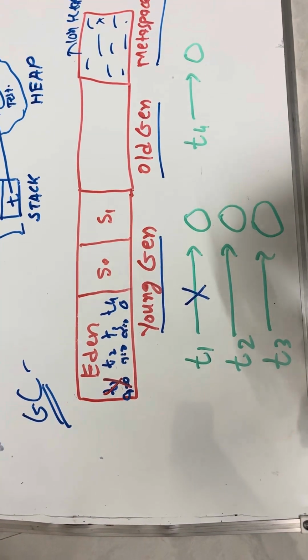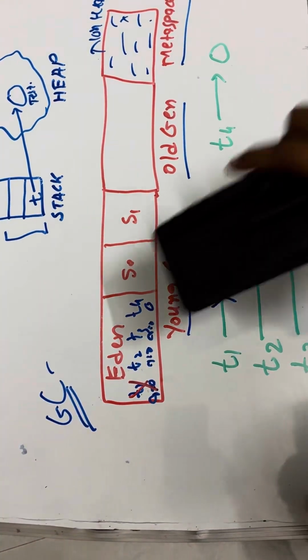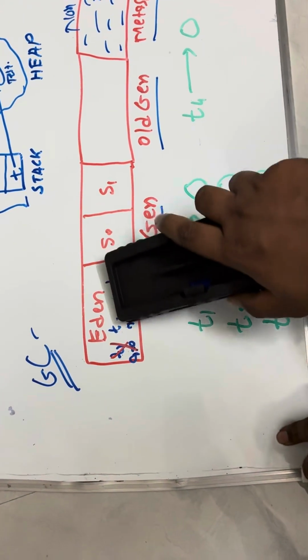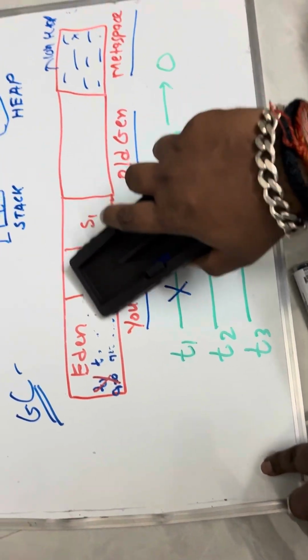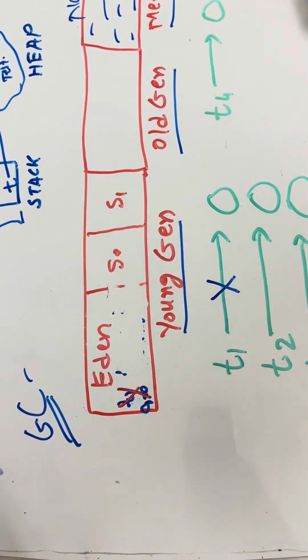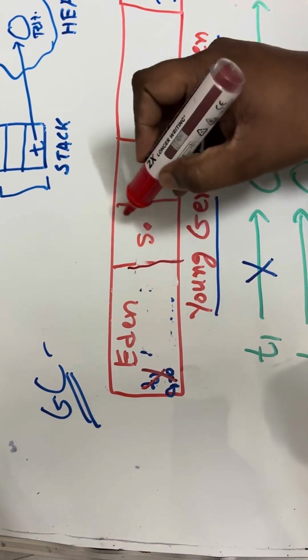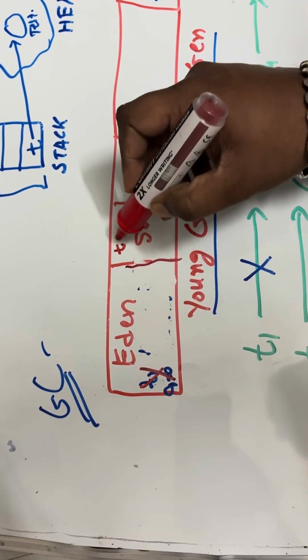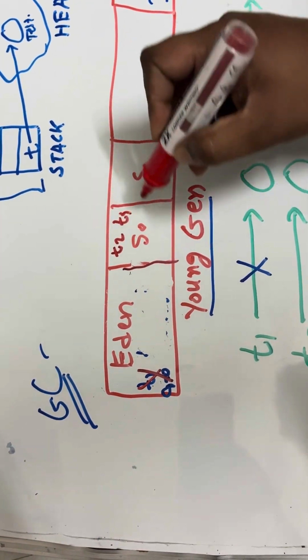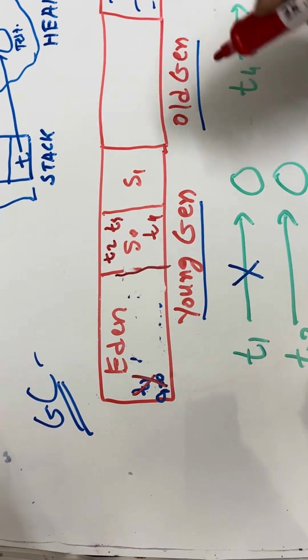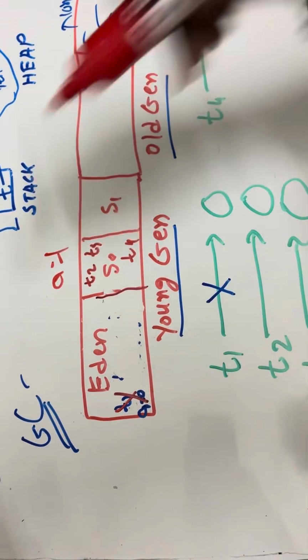Then what will happen? For understanding, I will just remove it from here. Those three objects, T2, T3 and T4, will be moved to survivor space 0, and their age will be 1.